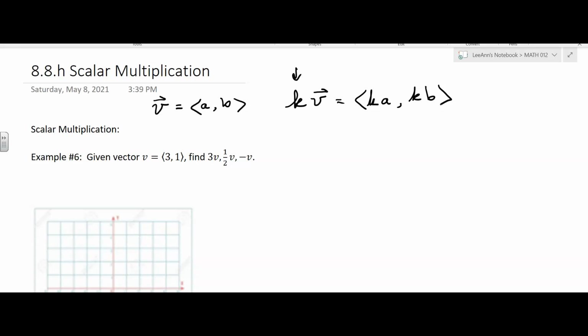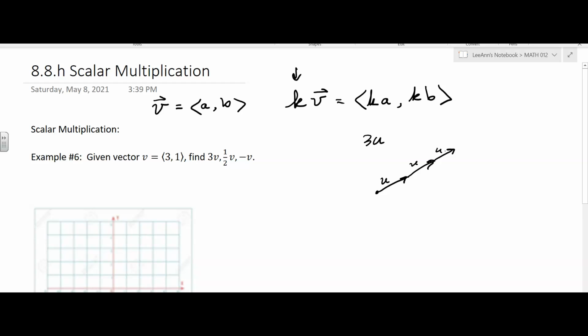What it means as a picture, let's say you have a vector like this, and you call this u, and then you want to find 3u. Well, then what you're doing is you're adding another vector u, which should look the same size, but I'm not drawing very well, and then another one. You'd have 3 of them, right? Like a u and a u. That's what multiplication is, right?